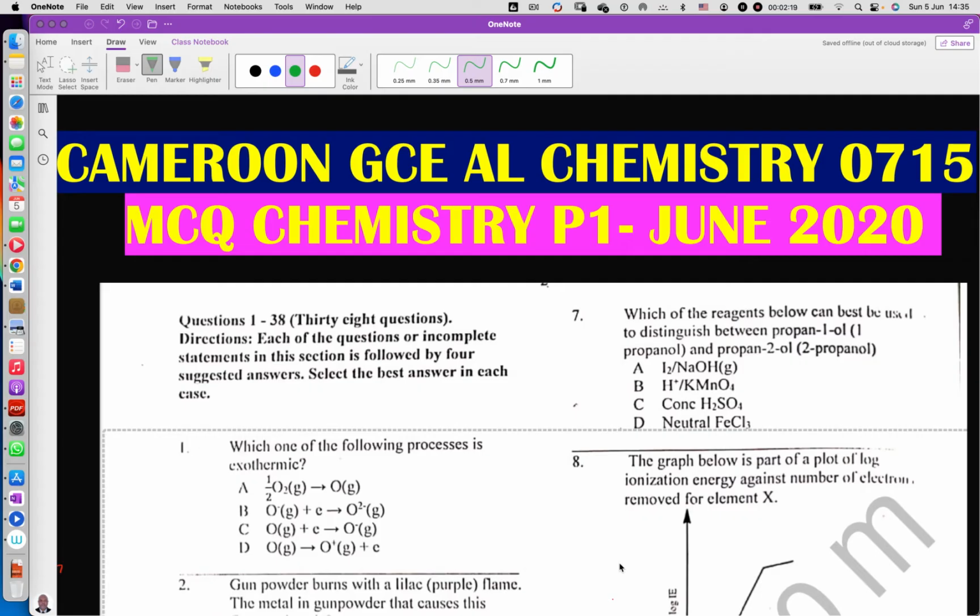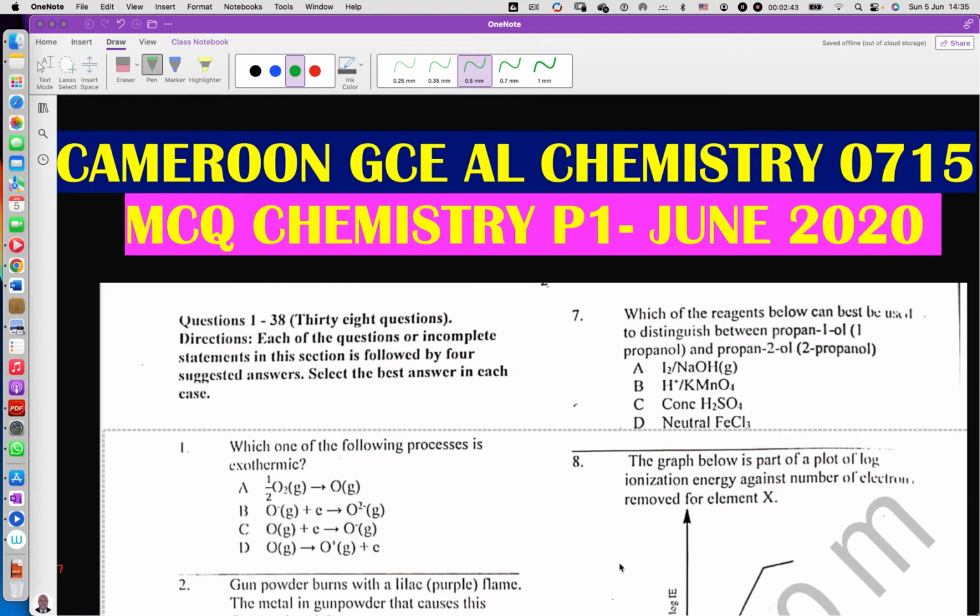Reaction C is the first electron affinity. That one is exothermic. Reaction D is the first ionization energy.